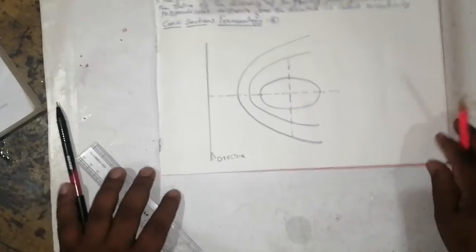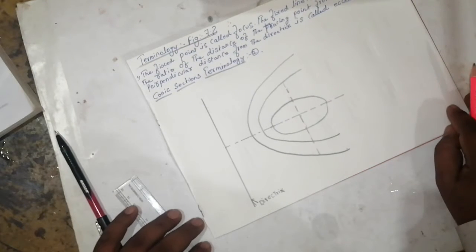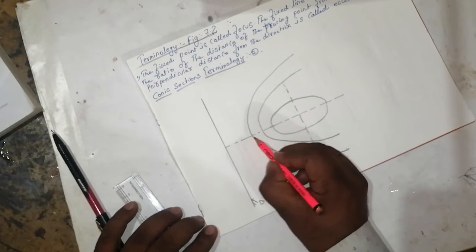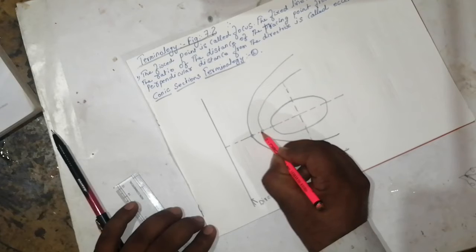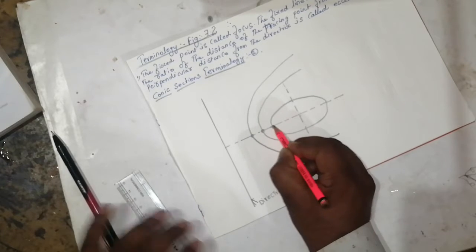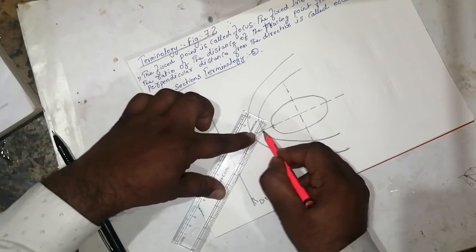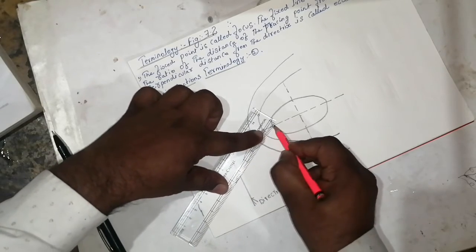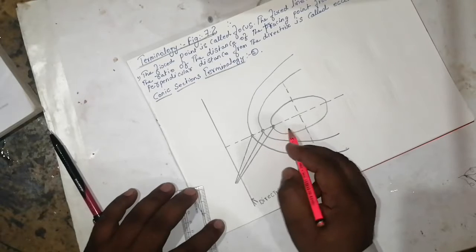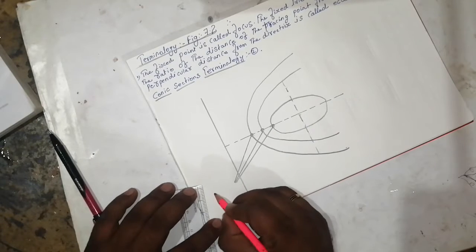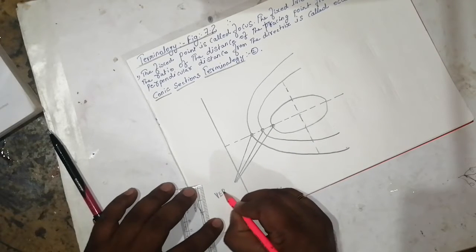So the points where the curves coincide with the axis, the first point, second point and third point, are called the vertex.